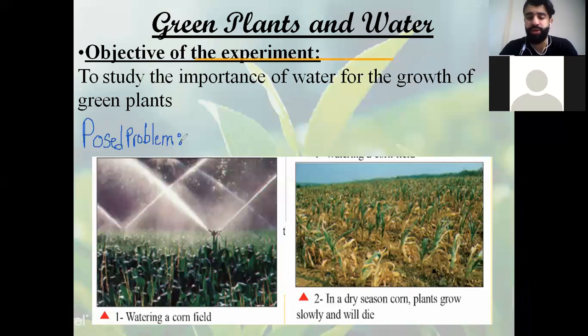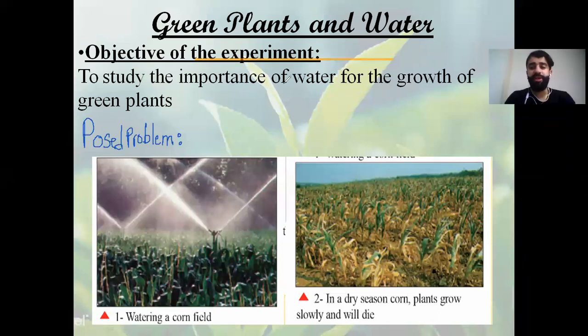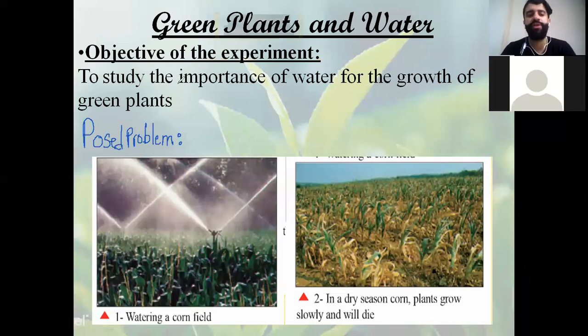And what is the posed problem in this experiment? No one? Great. So I'm going to have the bonus points again. The posed problem in this experiment is: what is the importance of water for the growth of the green plant? This is the posed problem.